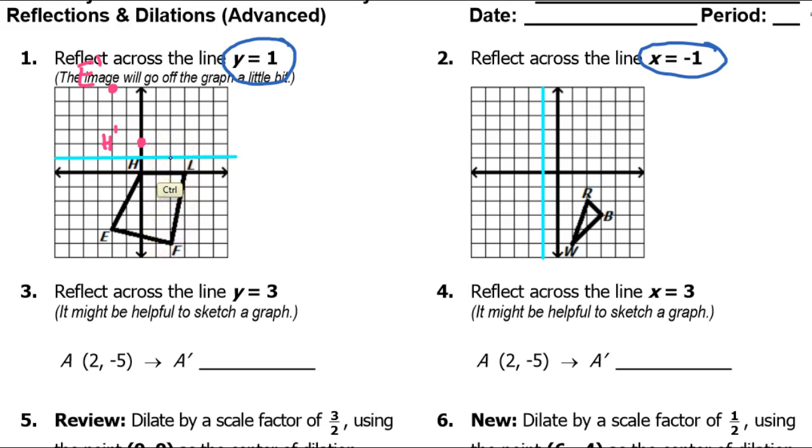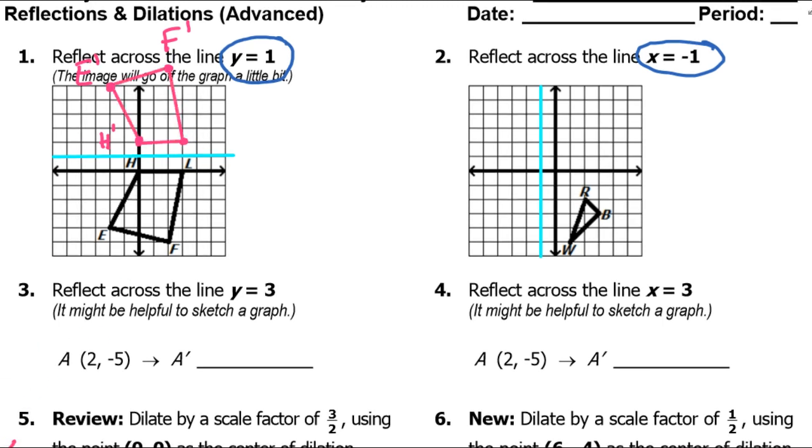So now I need to go 6 units above the blue line, which is actually going to go a little bit off the chart, but that's okay. So this is 5 units, so 6 units is going to be about here. And this is F prime. And then the point L, that's 1 unit below the blue line, so I'm going to go 1 unit above the blue line. And now I'll just connect those dots. So there is your reflection across the line y equals 1.